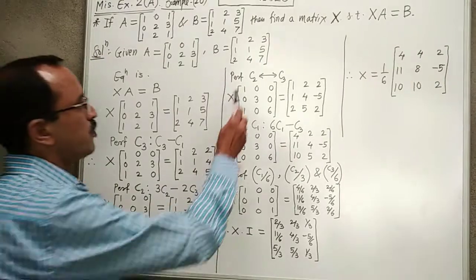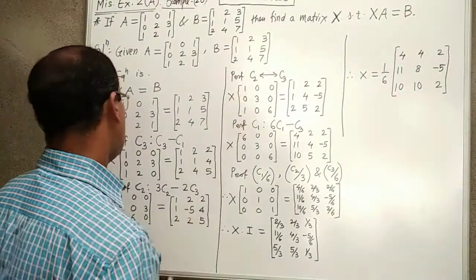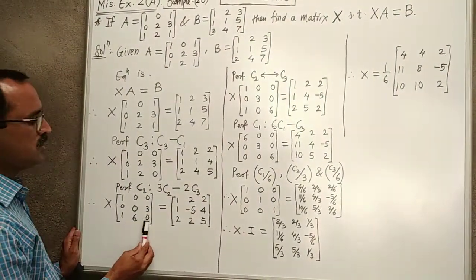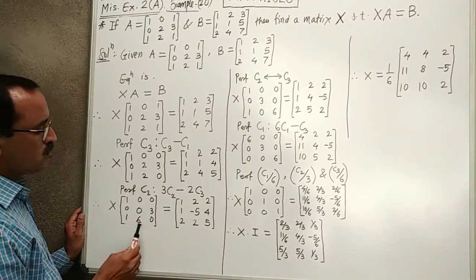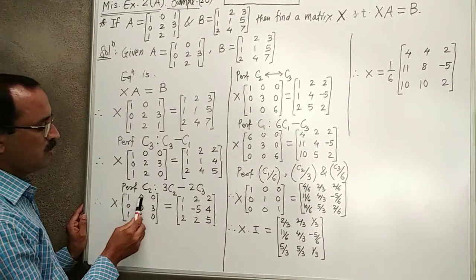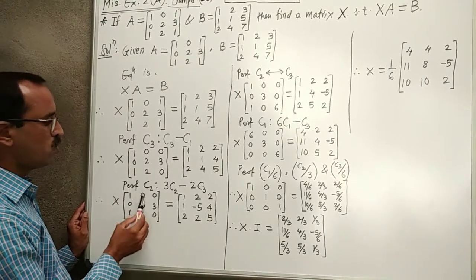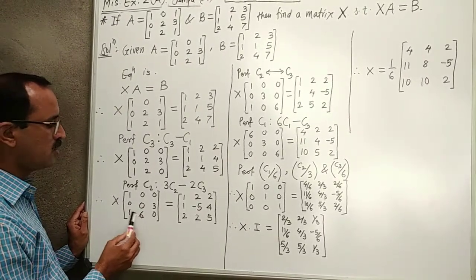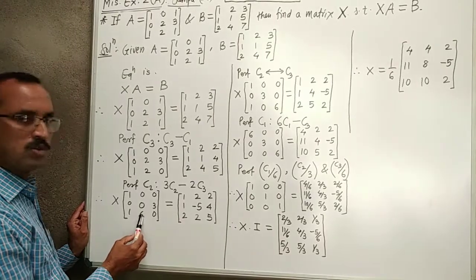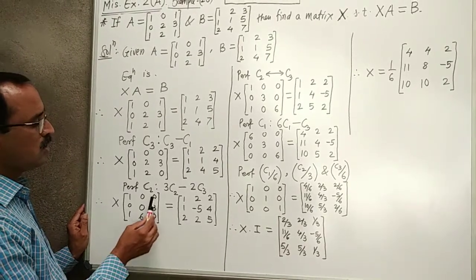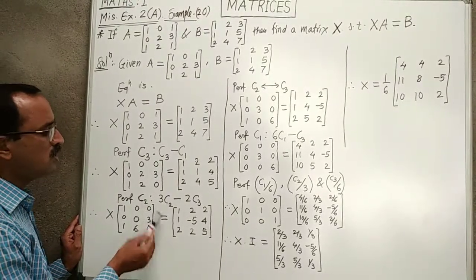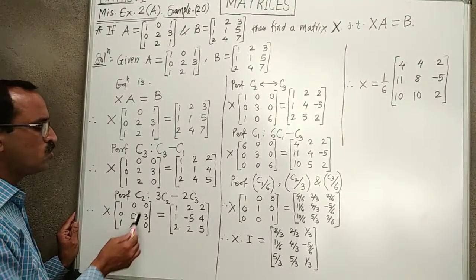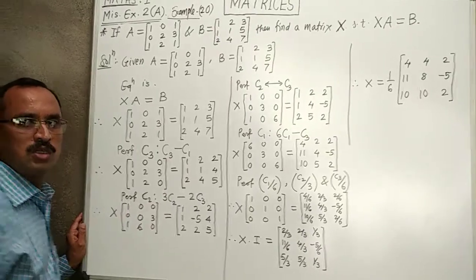Now continuing, performing C2 interchanged with C3. In C2 we require this element, A12, and this element, A32, to be 0. Here these two are already there, therefore we interchange C2 and C3.